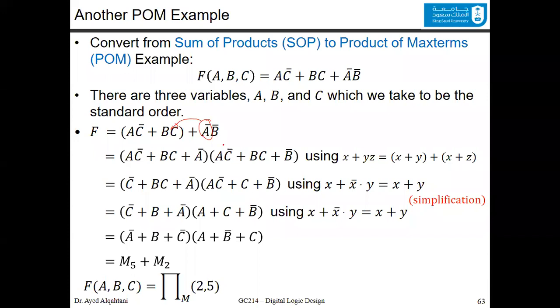So that's the first one, and the second one with the b, like this, the b bar with the first. So first a c bar or b c or a bar, and the second is a c bar or b c or b bar.